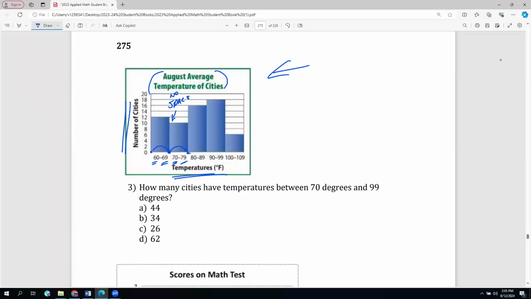So it makes it very hard to compute. So this is why we call it a continuous interval. It moves continuously from 60 to 69.9, right? To 70, from 70 to 70.9999, from 80 to 89.99999. And that's what's really happening here.